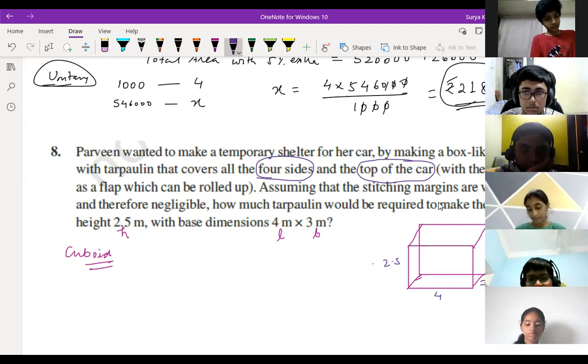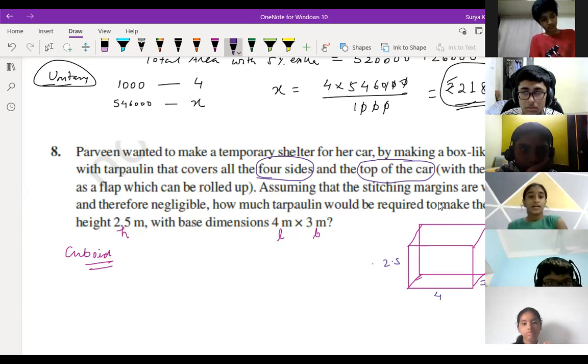Taruni, you might not know the formulas because you have not read this chapter, right? Is it correct, Taruni? No, sir, I know, sir. You know that.